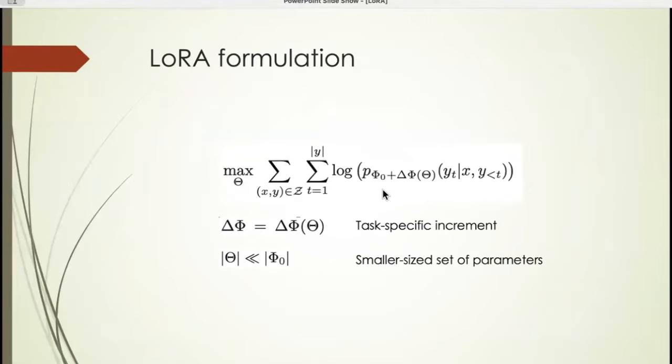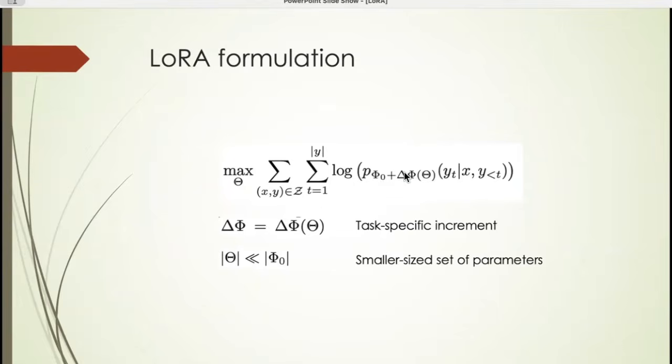The official formulation for LoRA, which seems straightforward, is this. Your target is always the next token prediction, right? This is your context input, and this is all the sequence you generated before time t, and then you want to predict the next token. This is your pre-trained weights, and this delta phi is your B and A. So right now the delta phi is a multiplication of B and A. And this theta is the fine-tunable parameters, which are just the parameters in the matrices B and A, right?